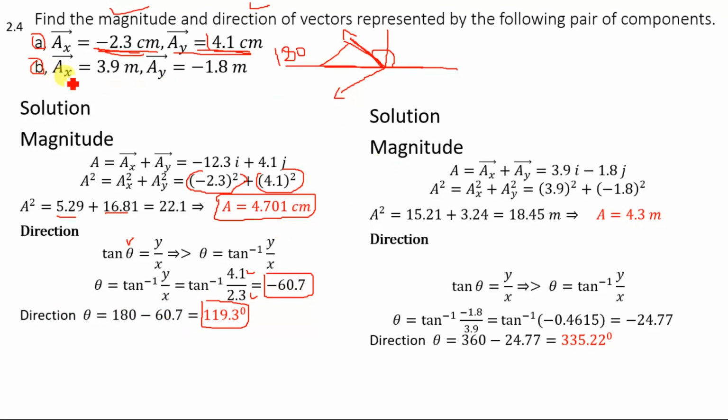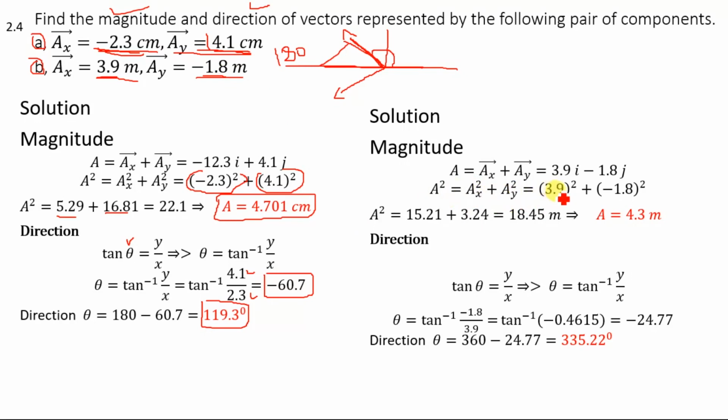Now from the second part, we know that this is 3.9 meter and this is minus 1.8 meter. Again, here this is the x component and this is the y component. Using the Pythagorean theorem, that is A square is equal to ax square plus ay square, or base square plus perpendicular square.